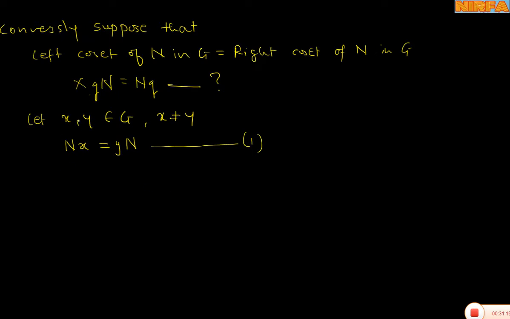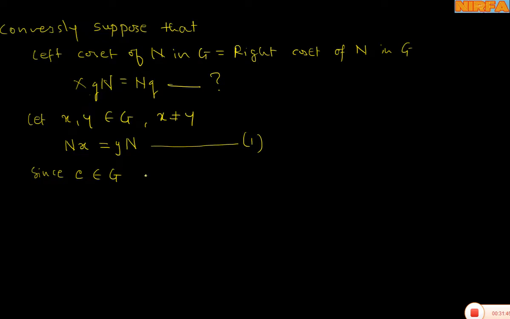Now, you have taken x and y as members of G. G is a group, so you may take any element from G, and G is a group. That's why we have the guarantee that G contains the identity element. So now, instead of x, y, if I take the identity element, then what happens?